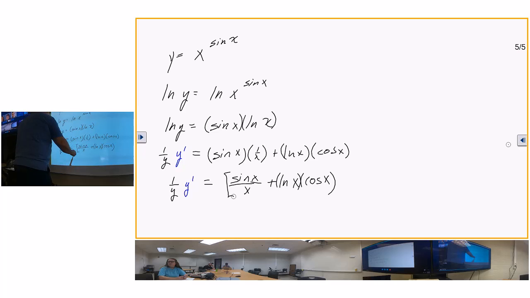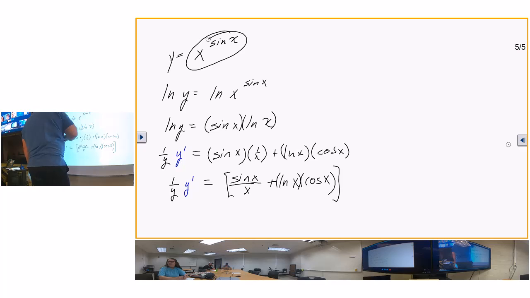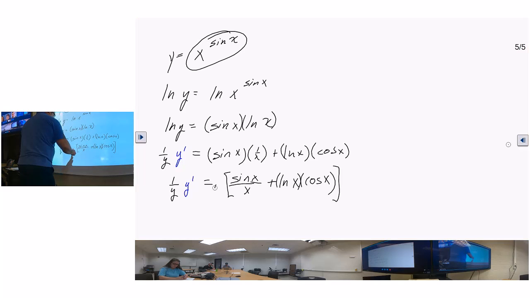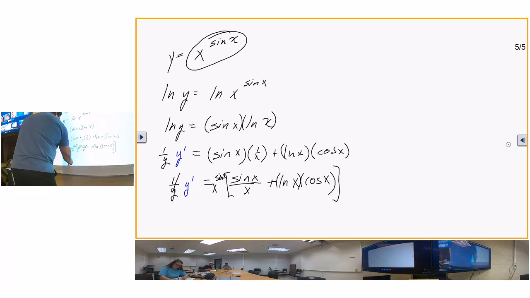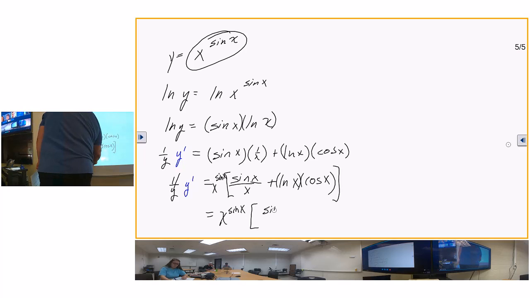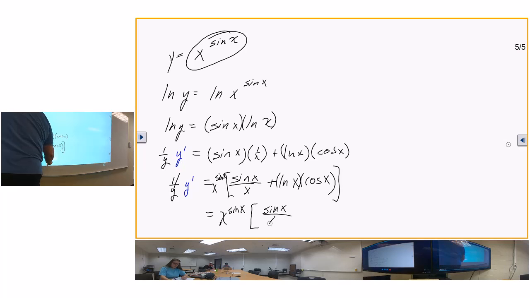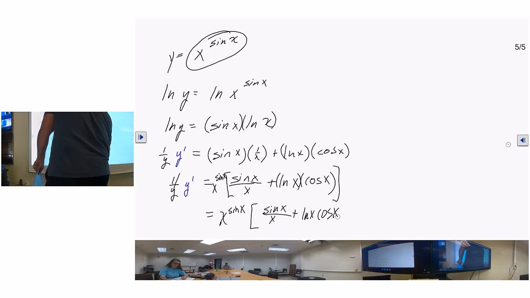But when you multiply through by y, what are you actually multiplying through by? x to the sine of x. So you can put an x to the sine of x right here, and that's going to be your answer. So your final answer is going to be x to the sine of x times sine of x over x plus natural log of x times cosine of x.